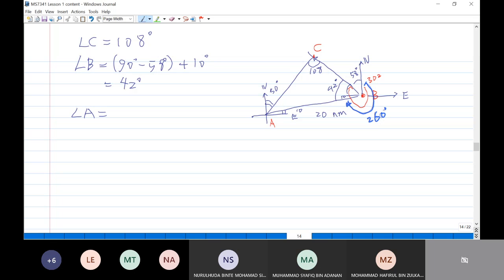We know the sum of the three angles of a triangle is 180. Add together is 180. So you minus 108, minus 42, then you can find angle A now. 180 minus 108 minus 42, you get 30. So angle A is 30 now.